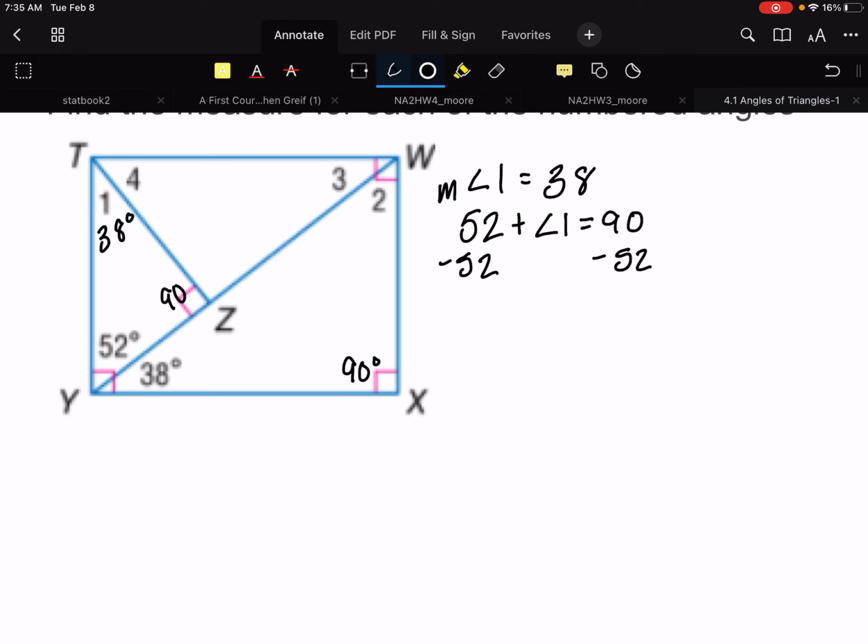I also know that this is some kind of rectangle or square based on the fact that all of these are right angles. So we know this one's going to be a right angle because a square, rectangle, anything like that has to be 360 degrees. So I know that's going to be a right angle, which means that I can find angle 4 fairly quickly.